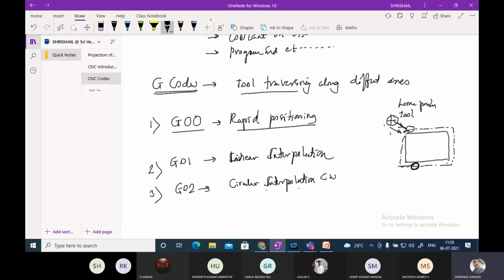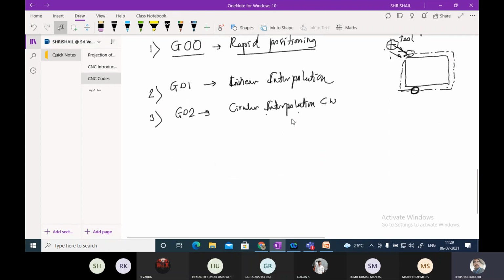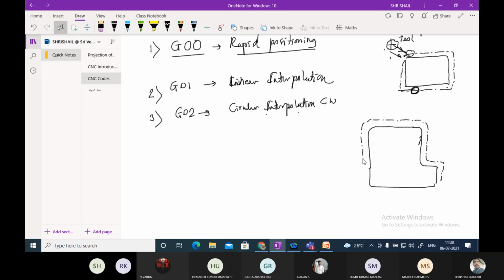And in other way, you can see here, I'll show here, this particular work part, and here is the tool radius we have selected, the path of the tool. This is the path of the tool.